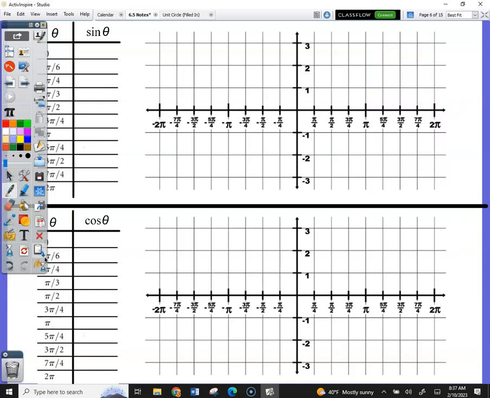Look at the T-chart to the left. Instead of x, comma, y, now we have theta, comma, sine of theta. Because we're going to evaluate the sine graph to see what we get. When you look at this, you probably are thinking to yourself, I have no clue how this is fixing to pan out. You need your unit circle. Pull your complete unit circle paper out, put it side by side, and watch how we fill this in.